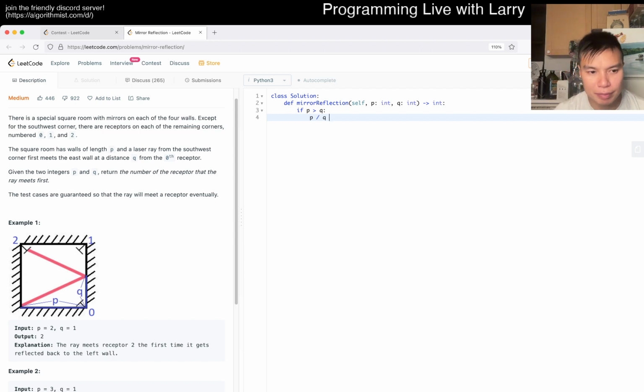Is that right? Because what if this is 3 and this is 2, right? Well, if this is 3, this is 2, then you have 1.5. This is 2. What am I saying? I think I have the idea, but I have to figure out what that means, right?